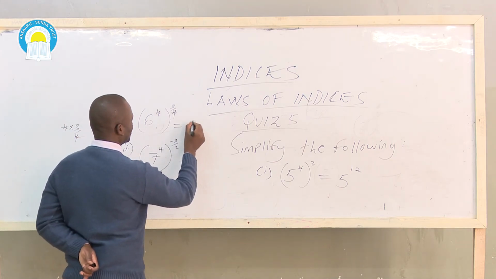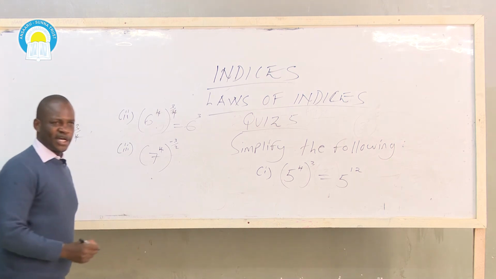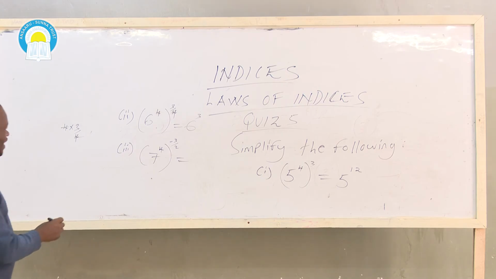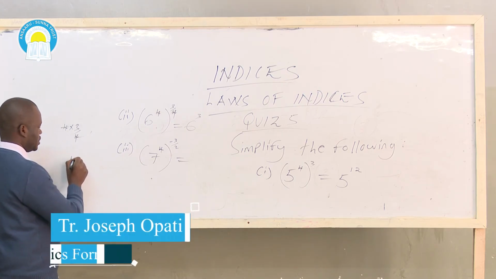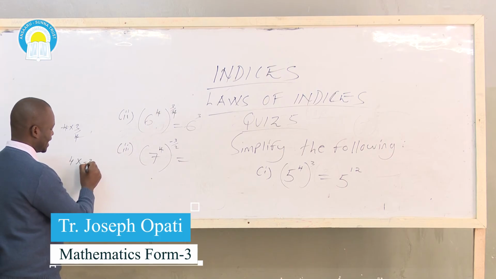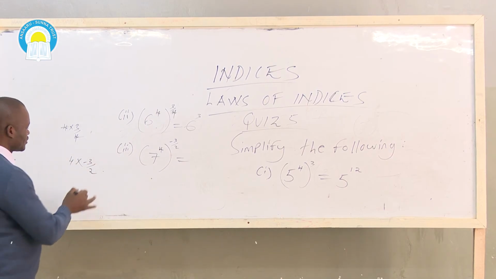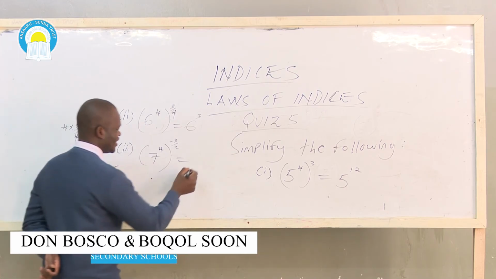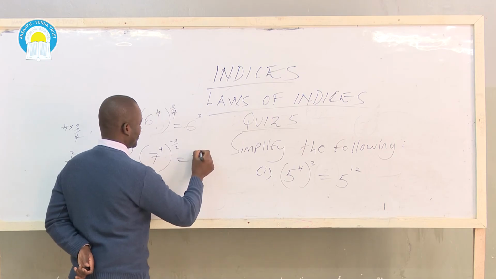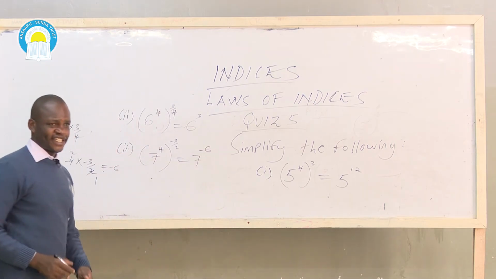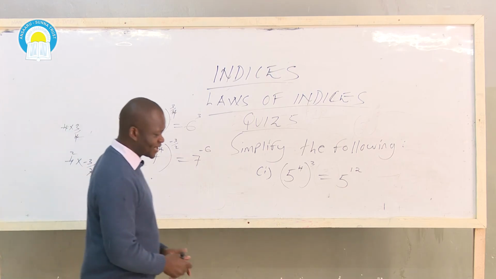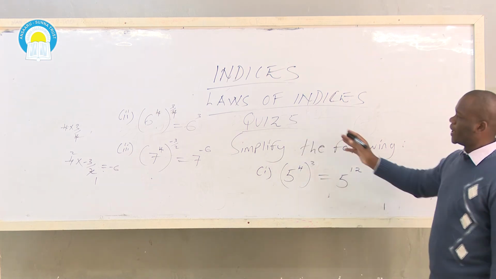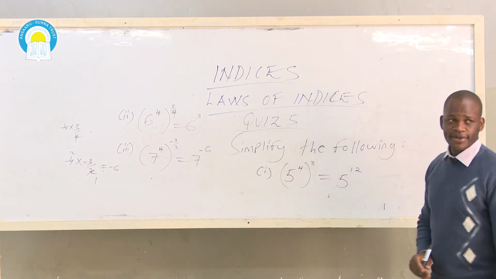After that simplification, we have 6 power 3 in the end. What about here? We have 4 times negative 3 over 2. So 2 goes here 1, 2 goes here 2. So what do you get? Negative 6. You end up with 7 power negative 6. So those are the solutions to those given questions based on law number 5.